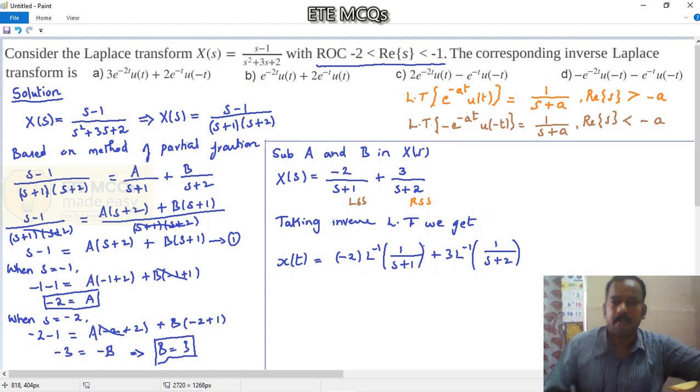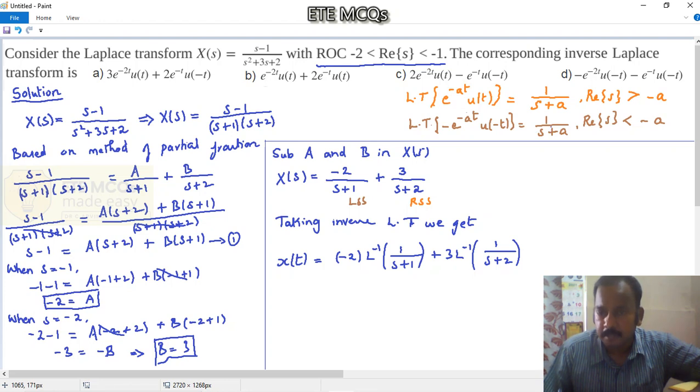As said already, this first term should correspond to a left-sided sequence. If it is a left-sided sequence, for 1 by s plus a we have minus e power minus at u of minus t as the inverse Laplace transform of this term.